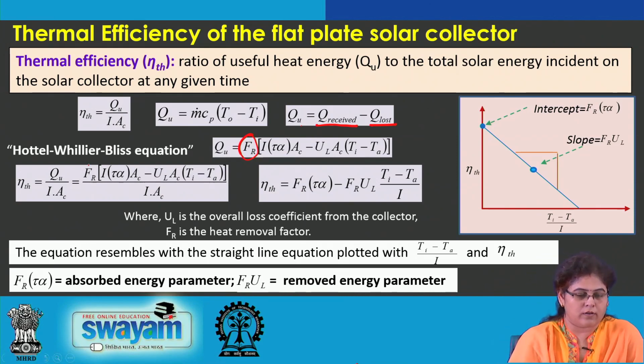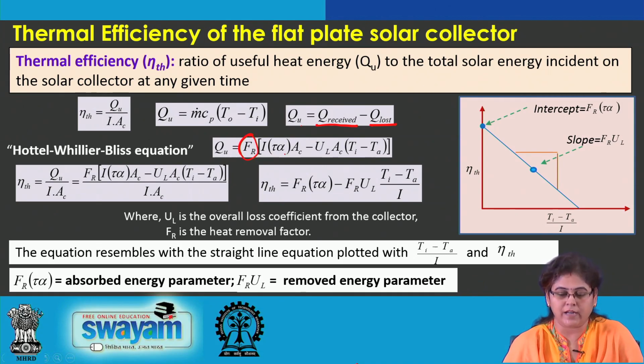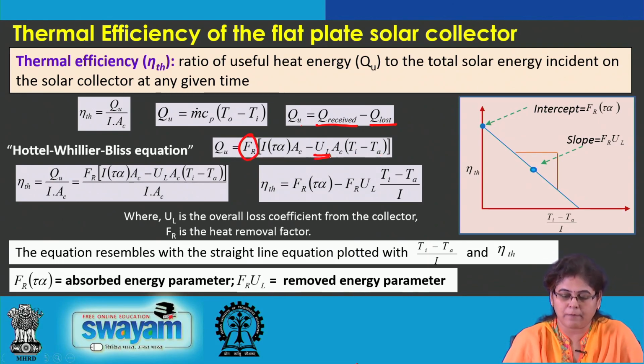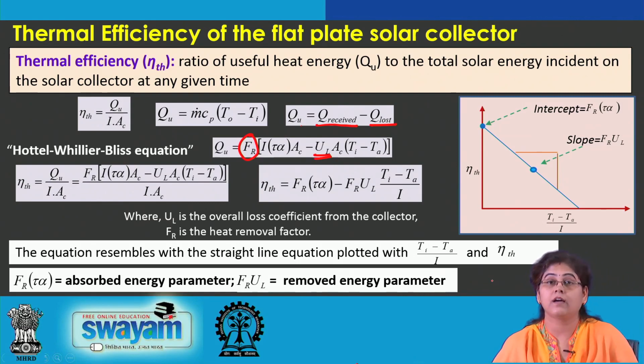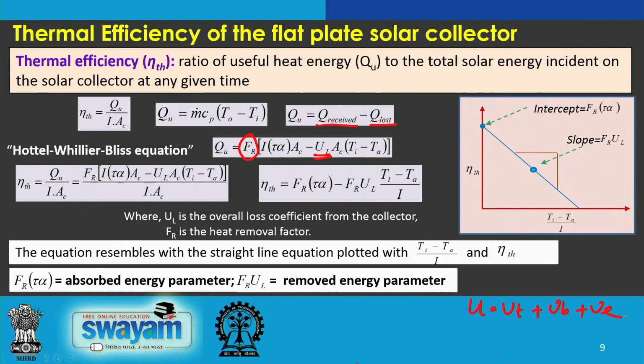According to the Hottel-Whillier-Bliss equation, QU, that is the useful energy, is given as QU = FR [I (tau alpha) Ac − UL Ac (Ti − Ta)]. This UL represents the overall heat loss coefficient which we have seen in the previous lecture, that takes care of the top heat loss coefficient. UL is nothing but the sum of the top heat loss coefficient, bottom heat loss coefficient and edge heat loss coefficient.